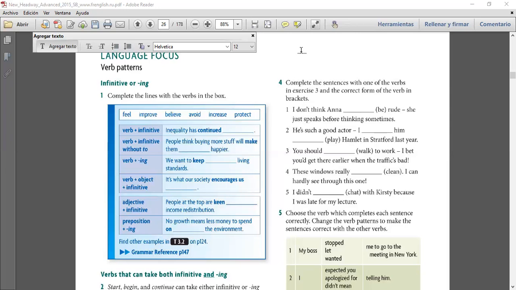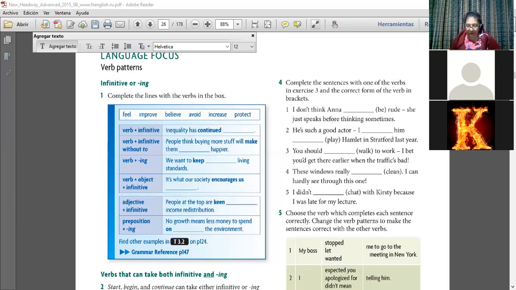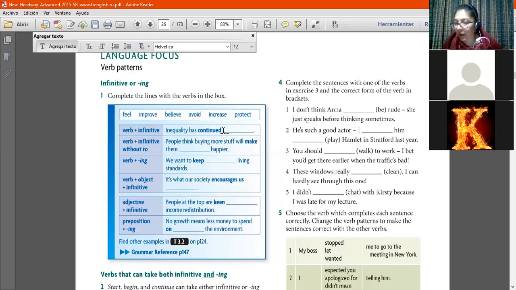All right. Okay, so let's complete this. So inequality has continued: verb plus infinitive.